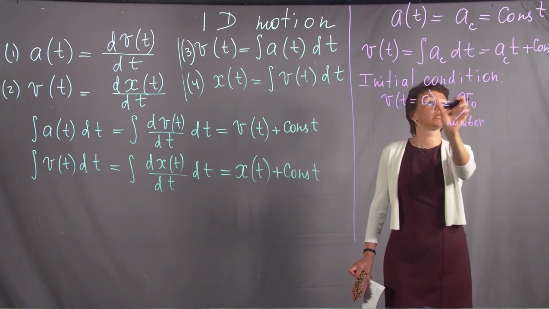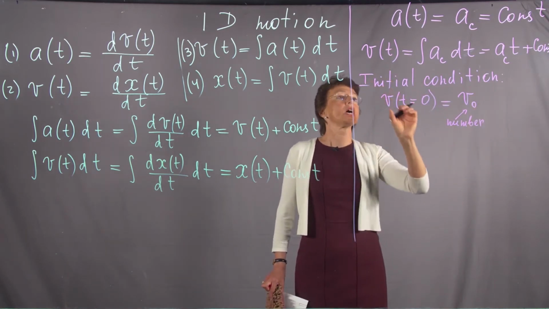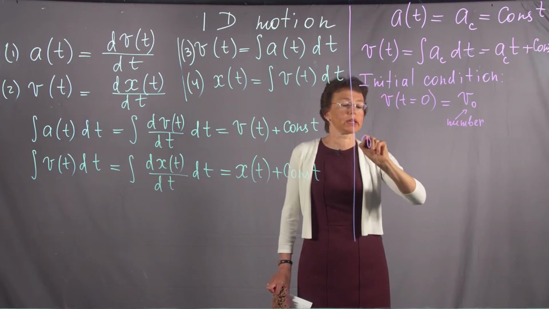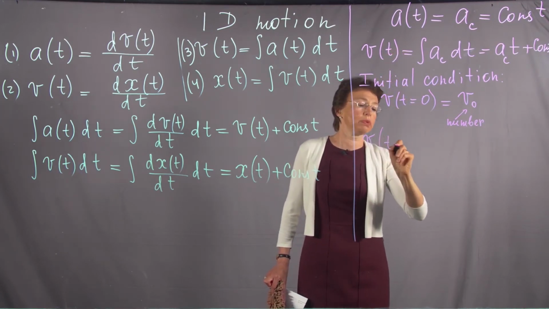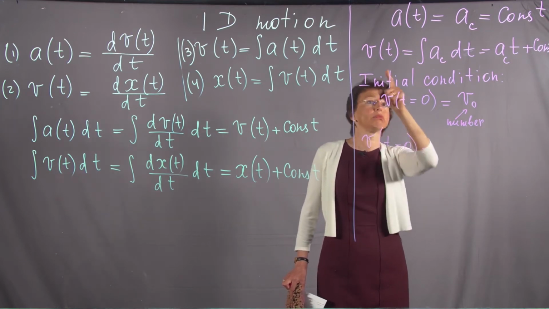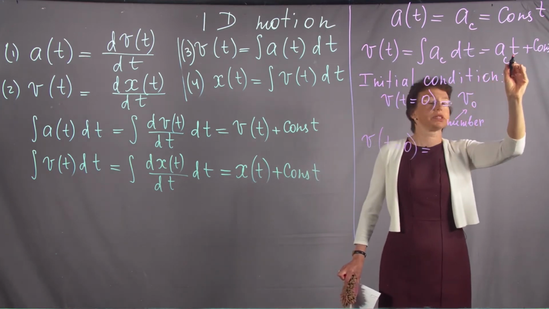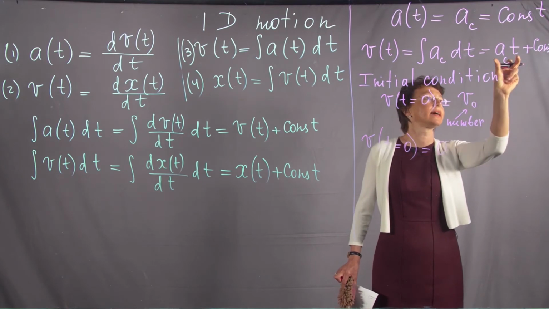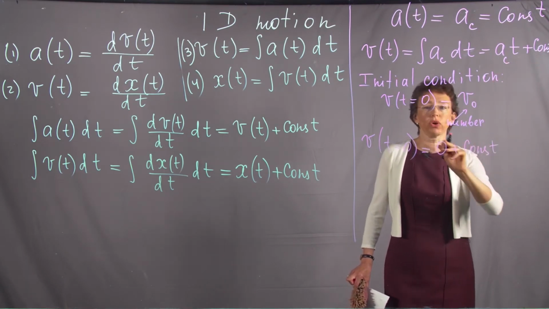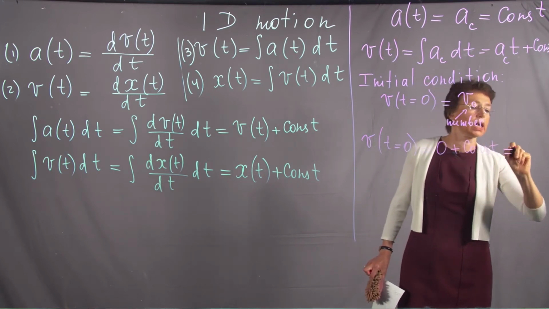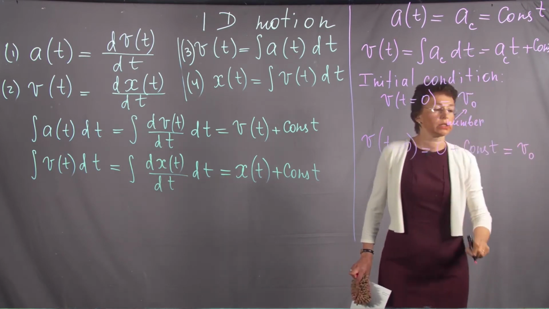Now I will use this initial condition to find my constant. So what is velocity? This is velocity at any time moment. Now I will rewrite it at time moment 0. Time moment 0, so the first guy here is 0. Second one is constant, and according to our initial conditions, this constant is v naught.